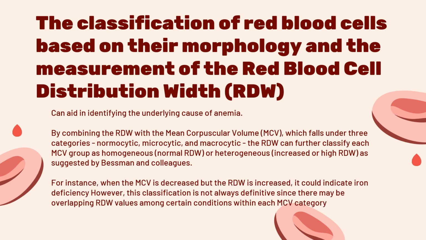For instance, when the MCV is decreased but the RDW is increased, it could indicate iron deficiency. However, this classification is not always definitive since there may be overlapping RDW values among certain conditions within each MCV category.